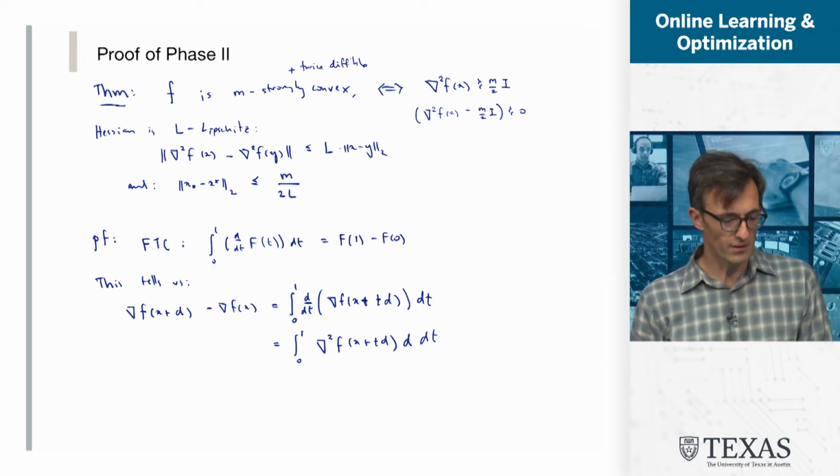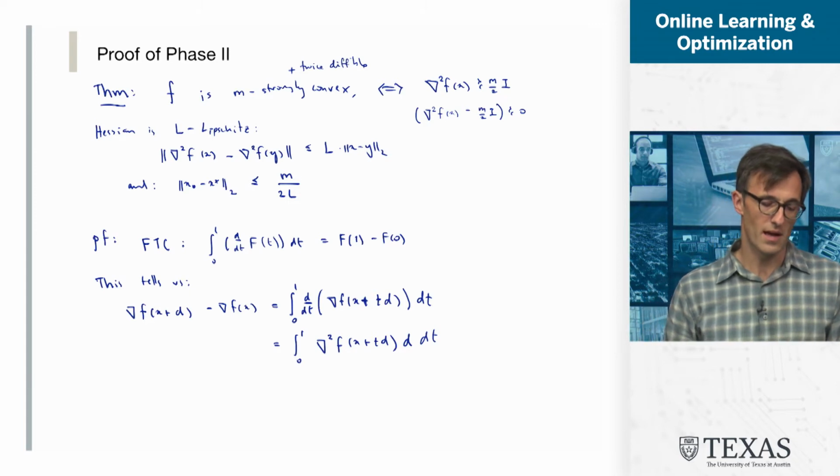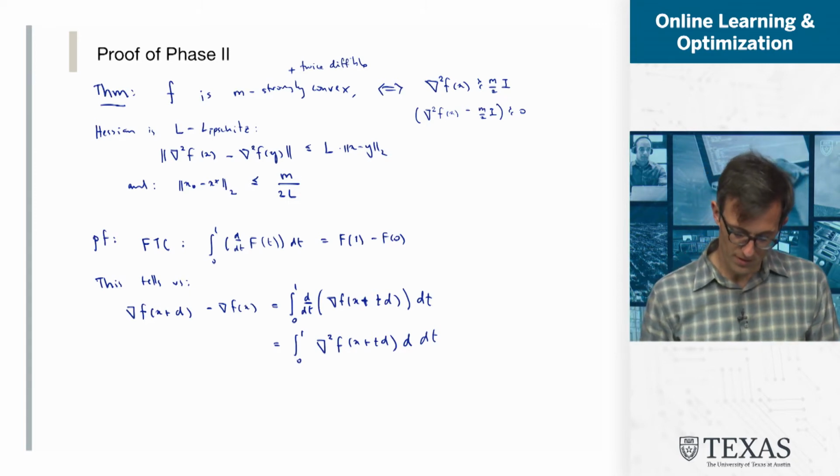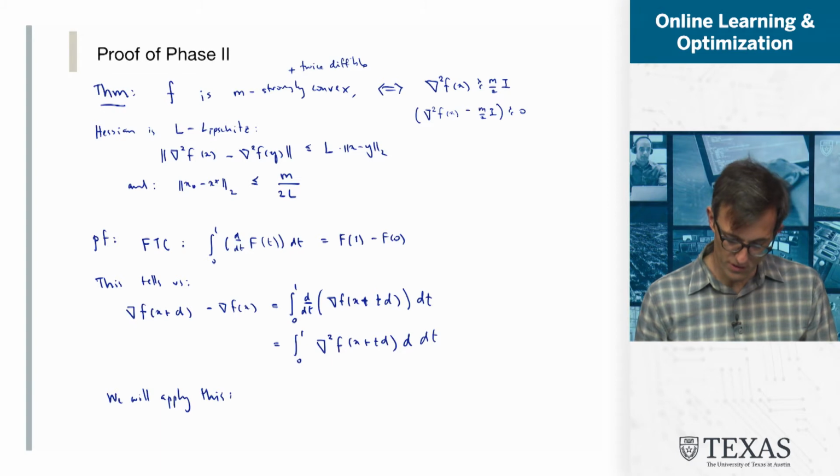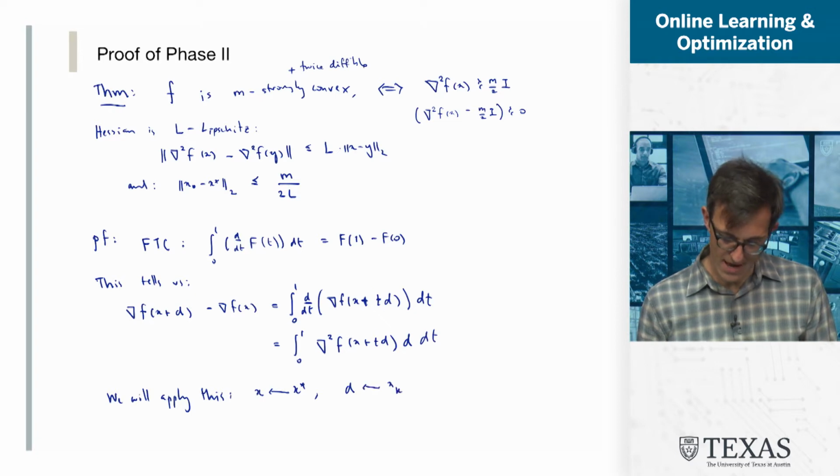Okay, so now let's see how we're going to apply this. We will apply this relationship by plugging in x star for x, and for d, I'm going to plug in xk minus x star.